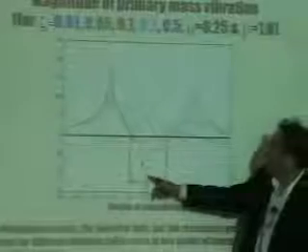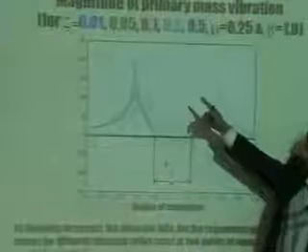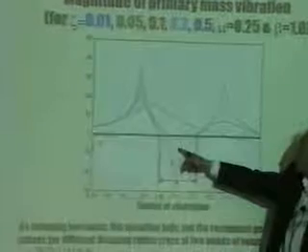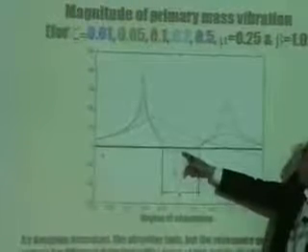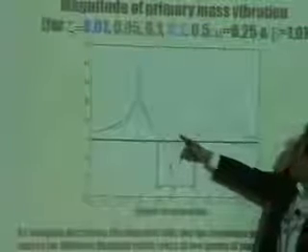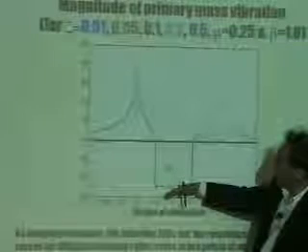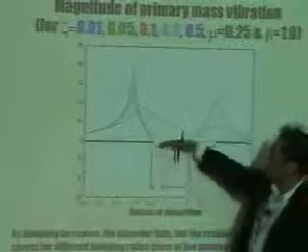Right? Okay. So, this one corresponds to damping ratio 0.01, and then 0.05, 0.1, 0.2, 0.5. So, as the damping increases, this curve goes up.